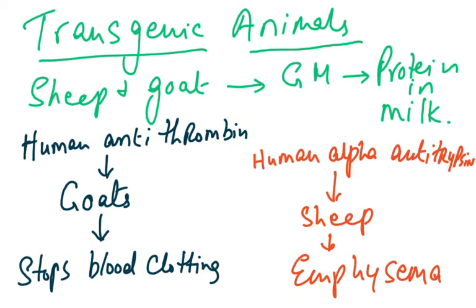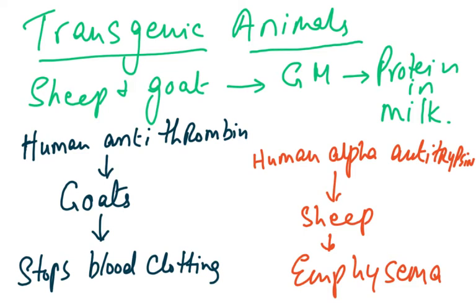Then let's look at what are transgenic animals. A sheep or a goat could be genetically modified and they produce that protein in the milk for us. We've got human antithrombin from goats, and this of course stops blood clotting. Remember, prothrombin to thrombin, and thrombin results in the formation of fibrinogen to fibrin, which helps the blood to clot.